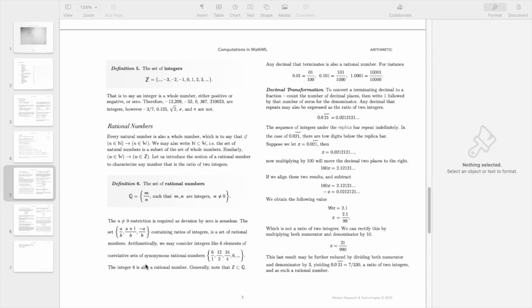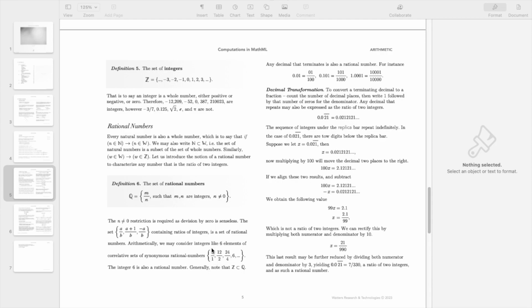So what do I mean? We may consider integers like 6, just integers in general, elements of correlative sets of synonymous rational numbers. So correlative sets, these correlate to each other. In this case, the number 6.